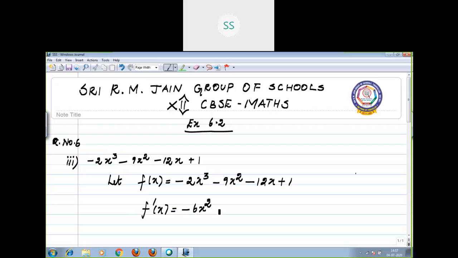That concept you are using here and you are doing differentiation: minus 18x minus 12. Now you want to find the interval, so you are going to equate the derivative to 0. That is f dash of x equal to 0.